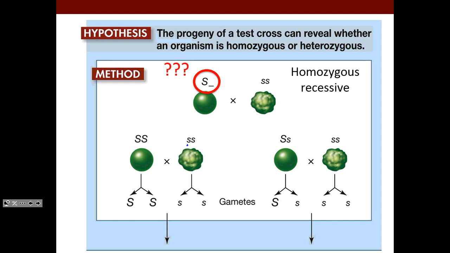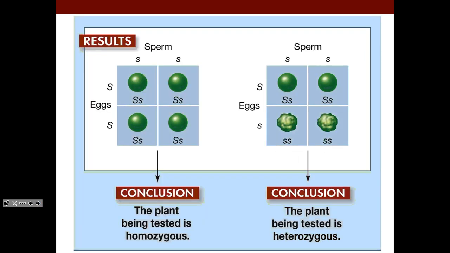And if we look, our 2 crosses would be our homozygous dominant next to our homozygous recessive, or our heterozygote next to the homozygous recessive. The outcomes are different, right? If 100% of the offspring have the dominant trait, then the parent must have been homozygous dominant. If we get a 50-50 split, half of the offspring have the dominant trait and half have the recessive trait, then the parent had to have been a heterozygote, right?